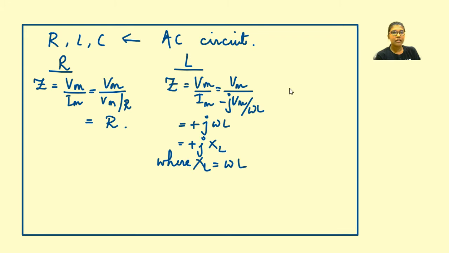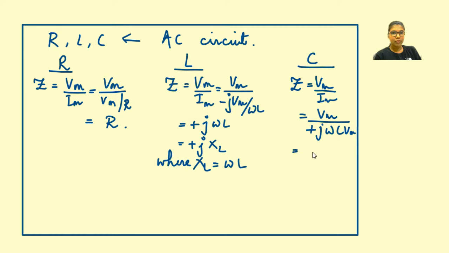Is that part clear? Similarly, for the capacitor, the impedance is given as Vm upon Im, which in turn becomes Vm upon plus J omega C Vm.